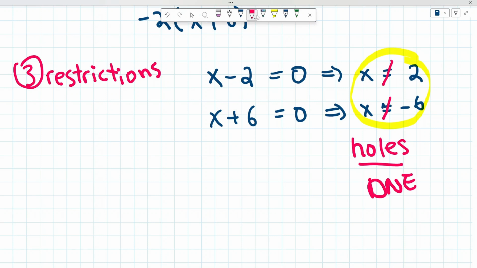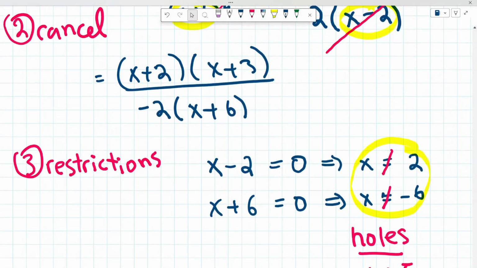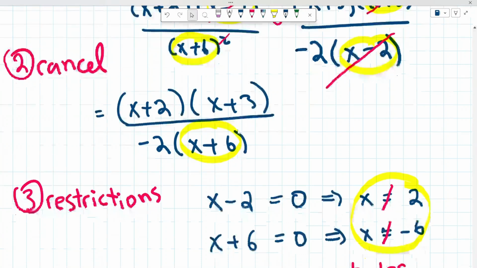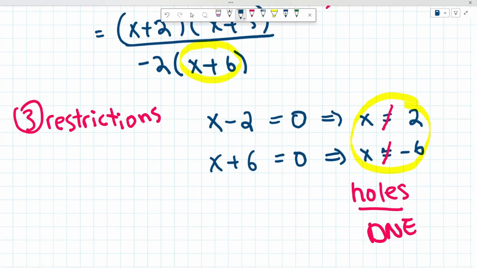Okay, so now let's look at our second restriction. That is whatever we have left on our denominator. Here we see that left on our denominator, we have x plus 6. So in this case, if we set this equal to 0, we have x equals negative 6, so x cannot equal negative 6.